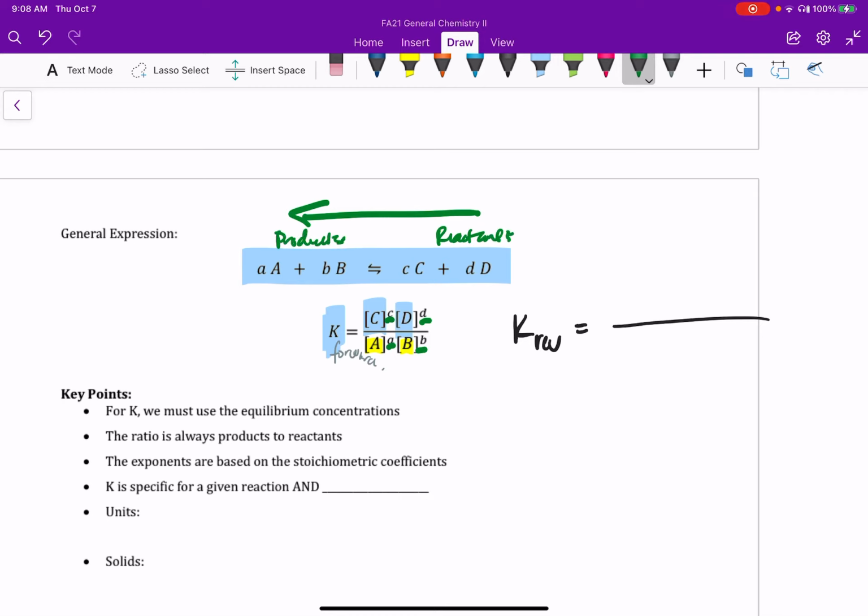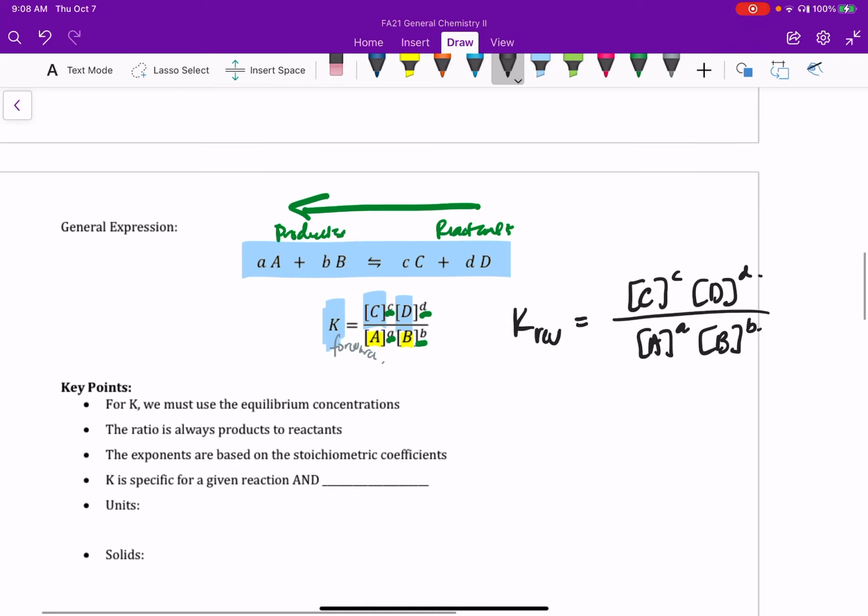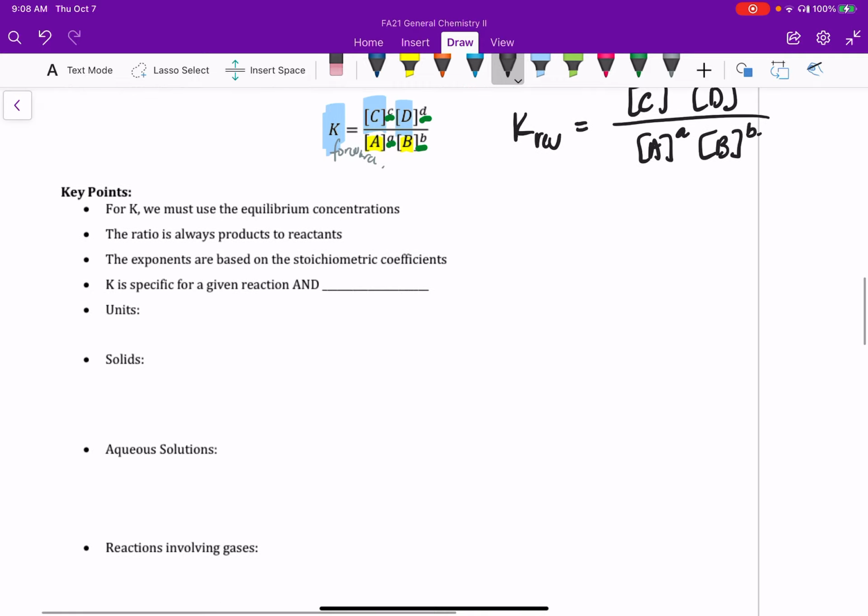So if I write K for that reverse reaction, we're just going to flip these. So I'm going to have C and D. Those are my products. And then we're going to have A and B. Those are our reactants. So we're always able just to write that equilibrium constant based on an equation that is given or provided for us.